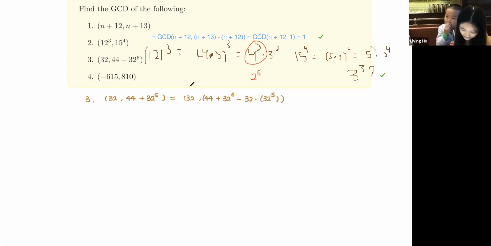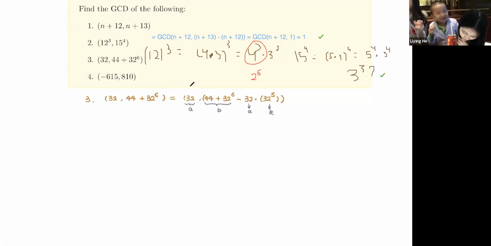Okay, so in this case, let me just use another color. This is your A, this is your B, and this is your A, and this is your K. So A, B equals A, B minus AK.